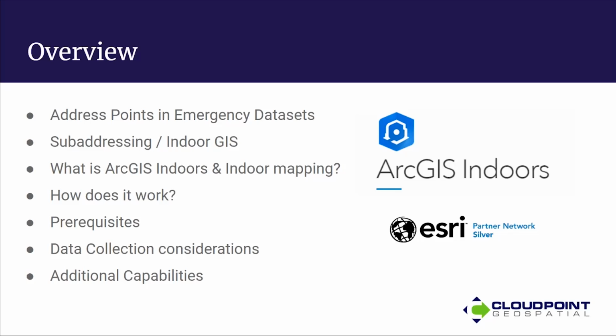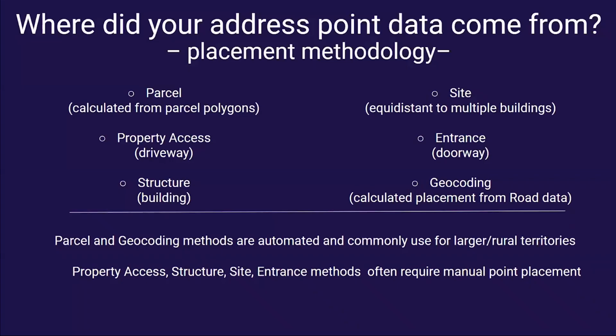All right. So first things first, let's review what address points mean in your GIS data set, specifically for emergency management mapping or emergency response. So your address point data came from somewhere. There are probably multiple iterations of data population that have happened within your 911 data set throughout the years.